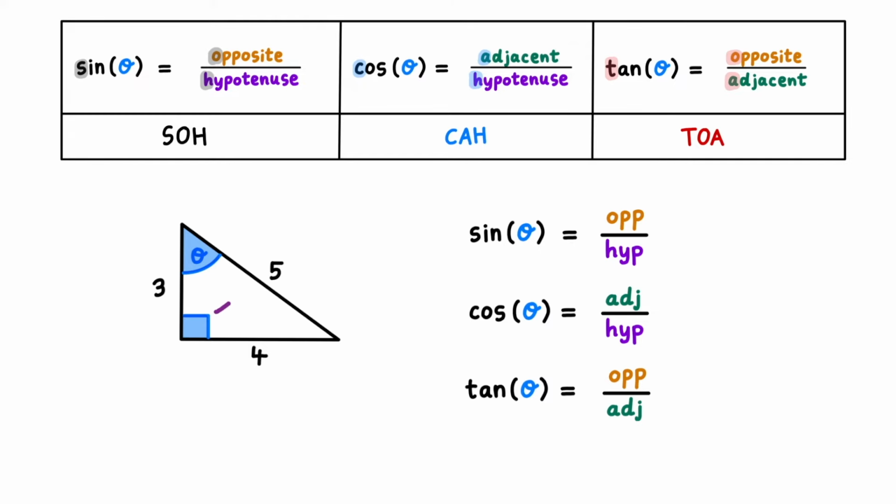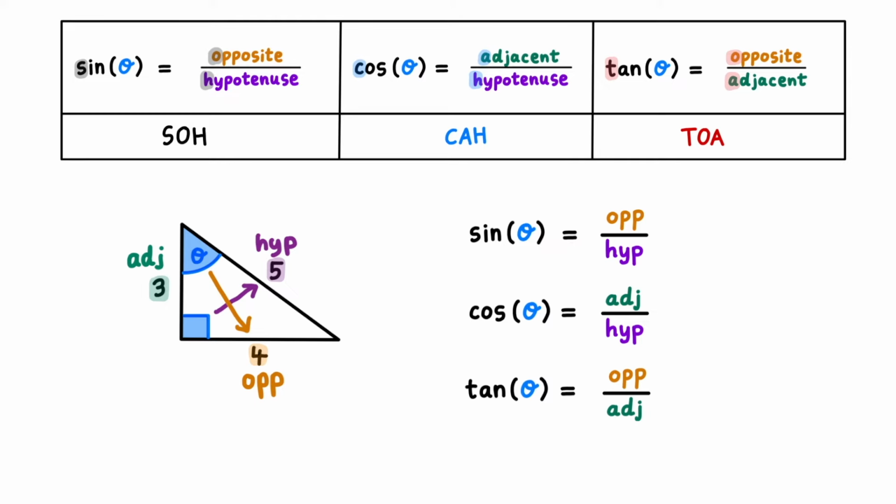The hypotenuse is the side across from the right angle. Here, that's 5. The opposite is the side across from the angle theta. Here, that's 4. The adjacent will just be whichever side is left over. Here, that's 3.